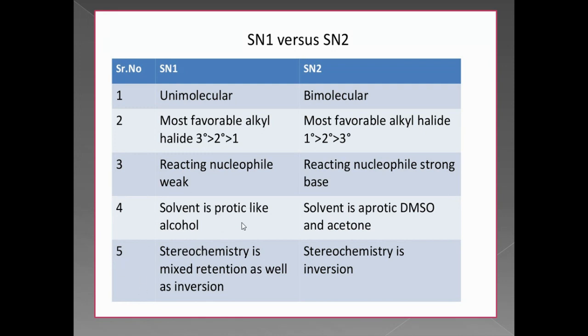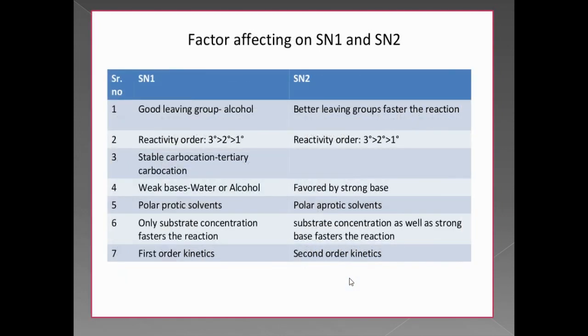In SN2, the solvent is aprotic, with no need for a protic solvent because the nucleophile is stronger, and solvents like DMSO and acetone can be used. In SN1 the stereochemistry is a mixture of retention as well as inversion, and in SN2 only inversion is possible.